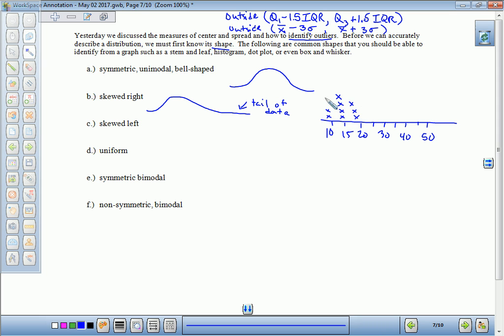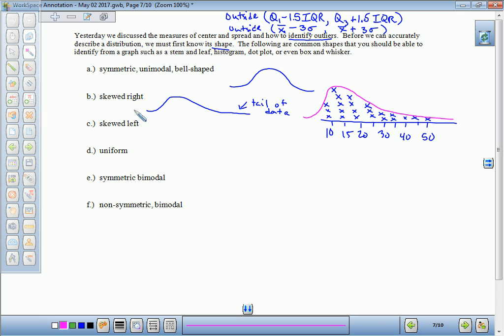Okay. So we might have a dot plot that looks something like this, and then it starts to come down, and then it comes down, and then we have a little bit of data hanging out over here. If we superimposed a curve over this data, do you see how the tail of the data is to the right?